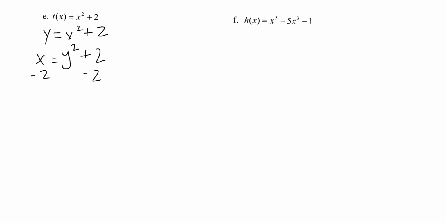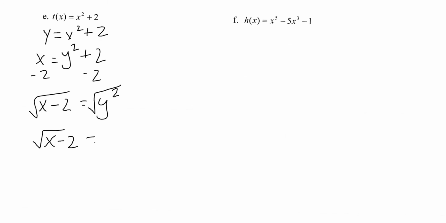And I get x minus 2 equals y squared. But I want y, so I'm going to have to take the square root of both sides. So my final answer will be the square root of x minus 2 equals y, or t of negative 1 of x is going to equal the square root of x minus 2, because I can't do anything with that. So that's done.